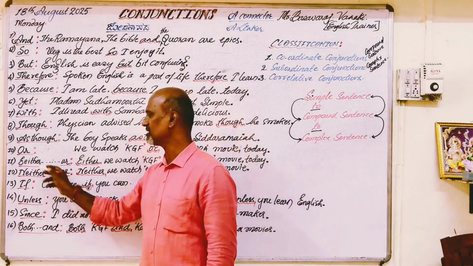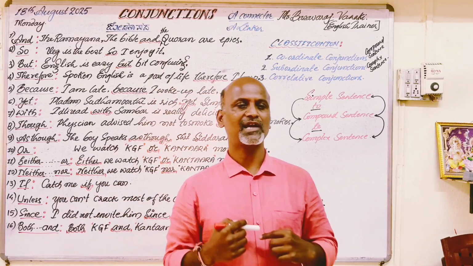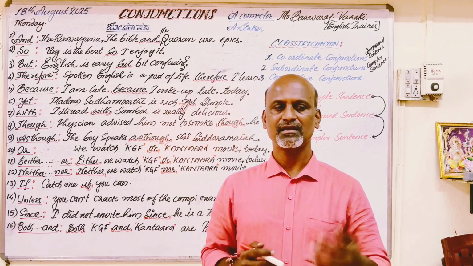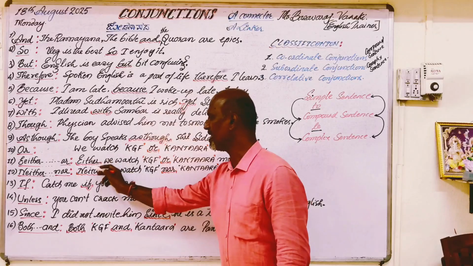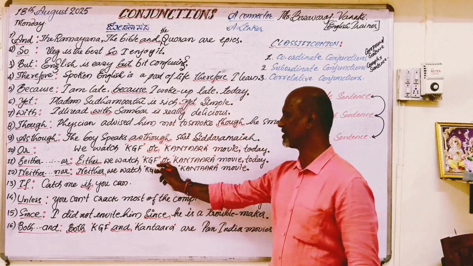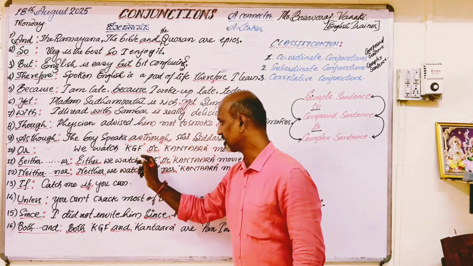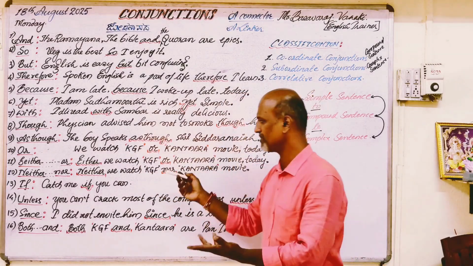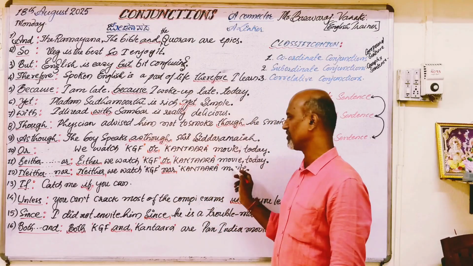Either or in the sense of ya wo, idu athava atu, nanu athava neenu, main ya tum ya aap. Same it is. Look at the example. Either we watch KGF or Kantara movie today. The same sentence you can begin with either: Either we watch KGF or Kantara movie today.